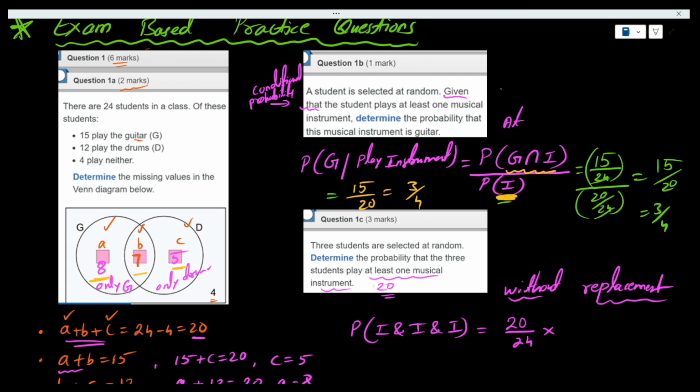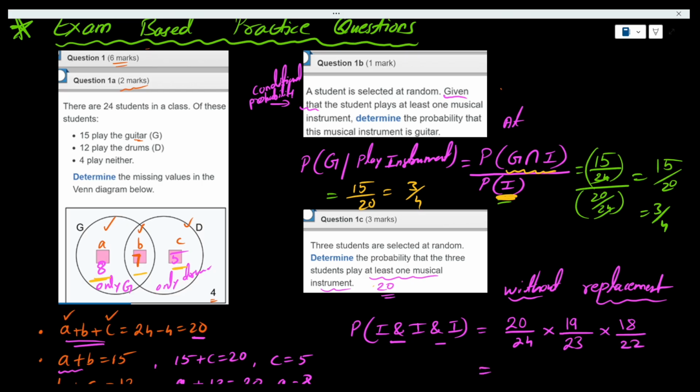Now one student has already been chosen. So for the second student, there are 19 students who play any of the instruments, and the total also will reduce to this, because this is the AND rule, that's why I'm multiplying. And for the third student, there are now only 18, so you can choose any one out of 18, then out of here the total students will become 22.